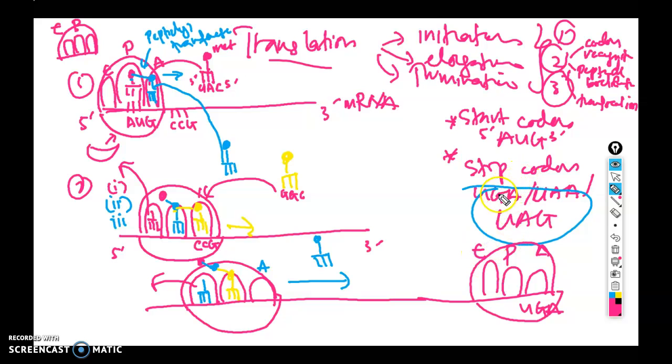Okay, the stop codon does not encode for any amino acid, but it will stimulate the release factor to enter the A site.